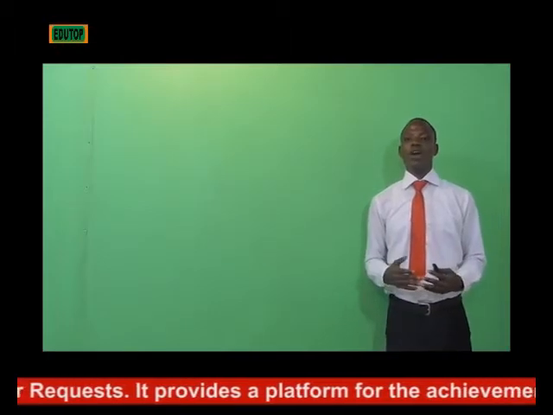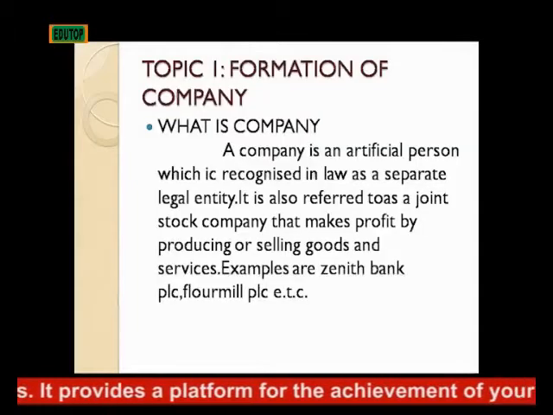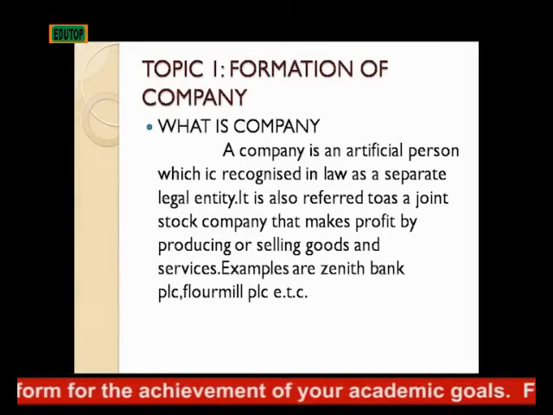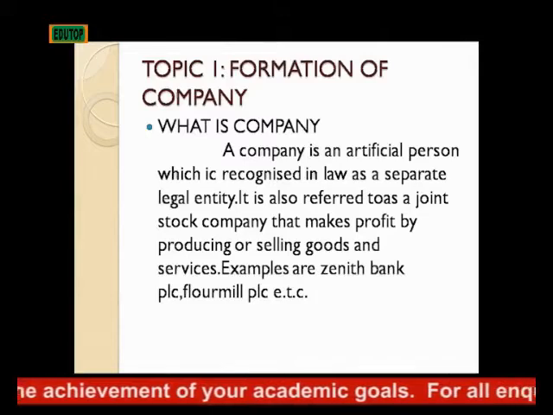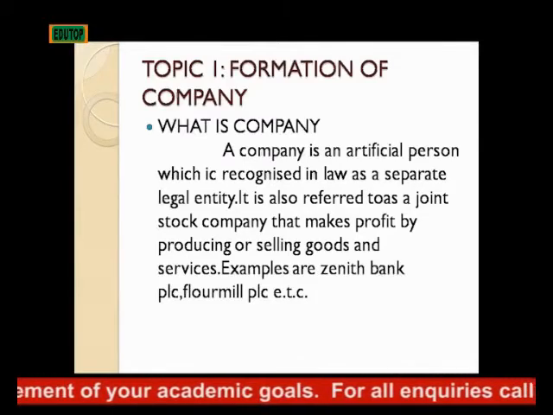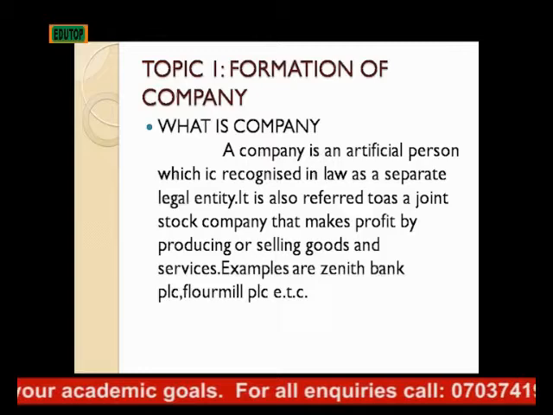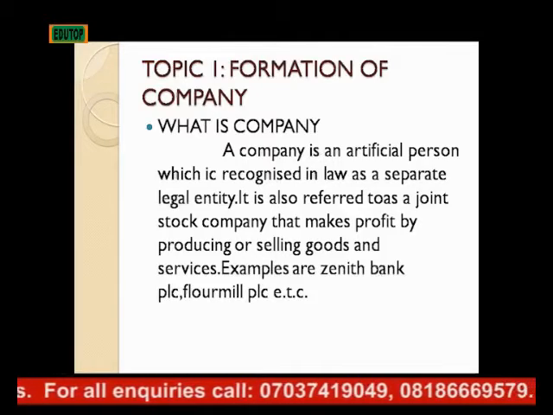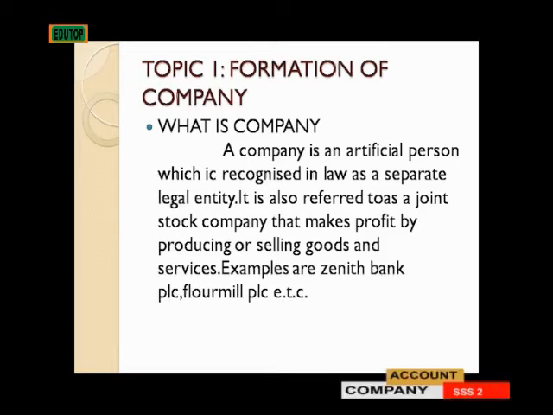What is a company? A company is an artificial person which is recognized in law as a separate legal entity. It is also referred to as a joint stock company that makes profit by producing or selling goods and services. Examples of companies are Zenith Bank PLC, Flour Mill PLC, Access Bank, First Bank PLC, and so on and so forth.